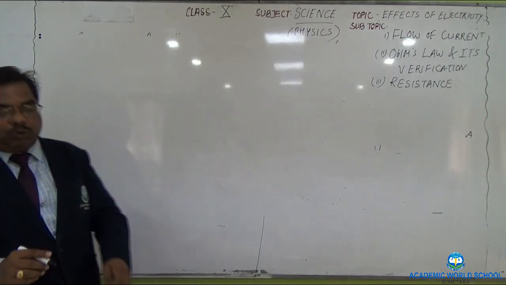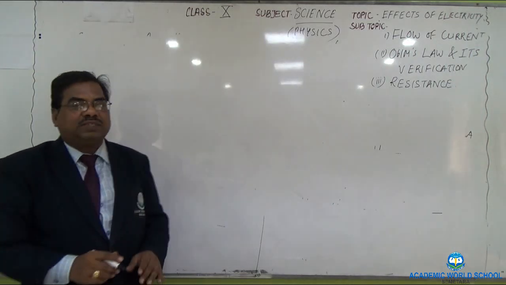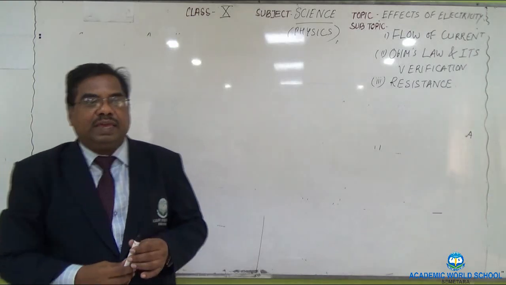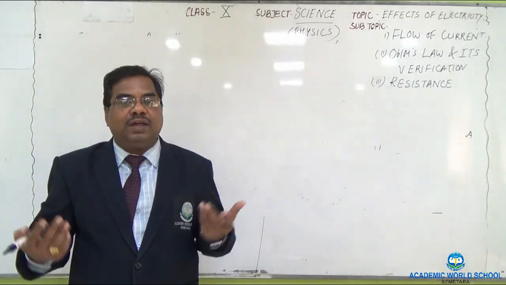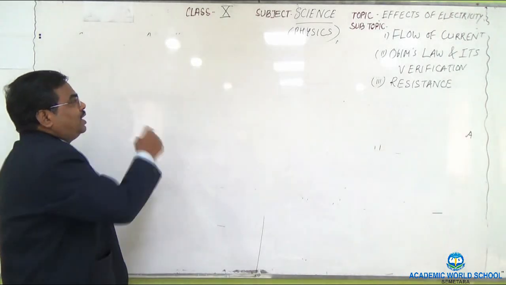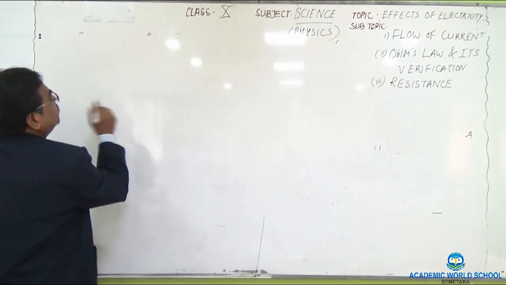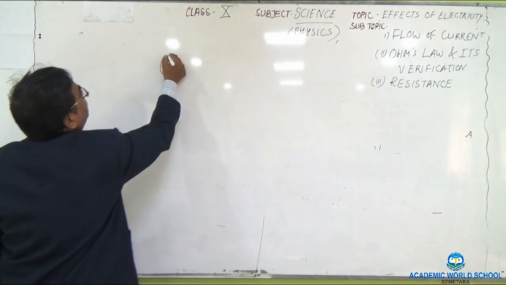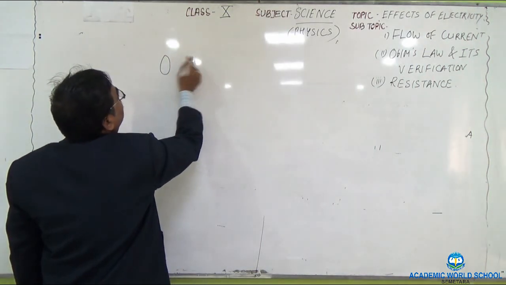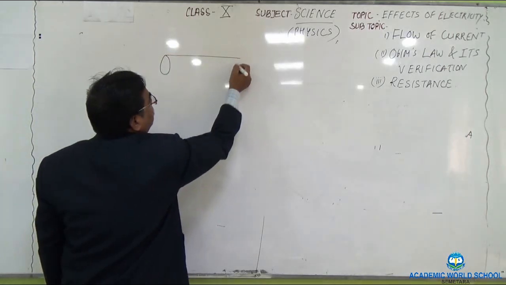So, as I told you, the current passing through any conductor is because of the cell applied across the ends of the conductor. Now let us see how the current and this potential difference are linked.